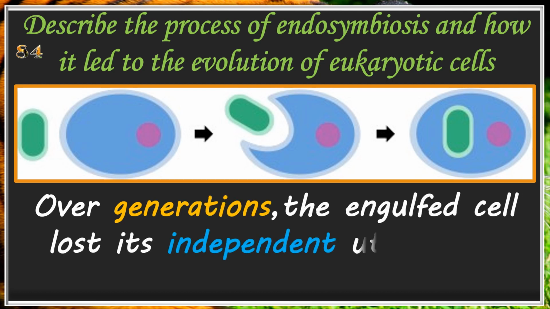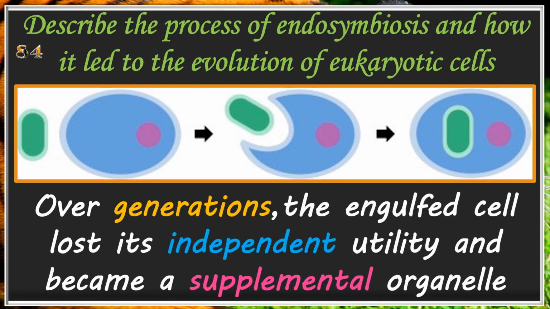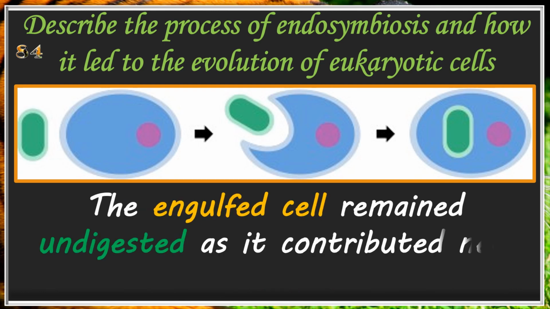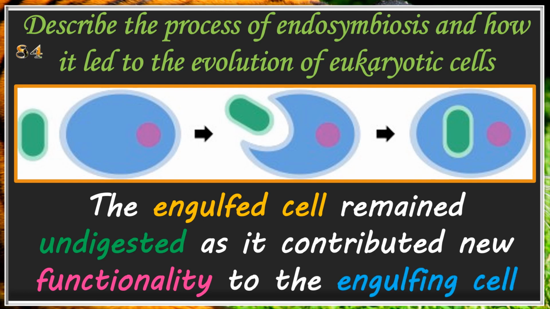Over generations, the engulfed cells lost their independent utility and became a supplemental organelle. The engulfed cell remained undigested as it contributed new functionality to the engulfing cell.